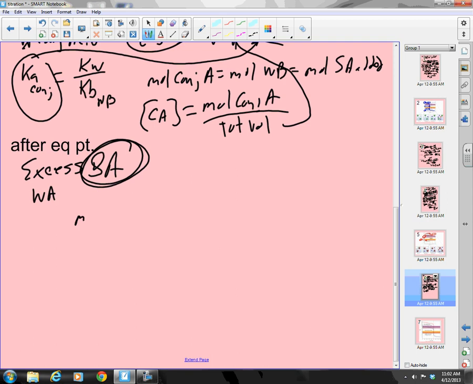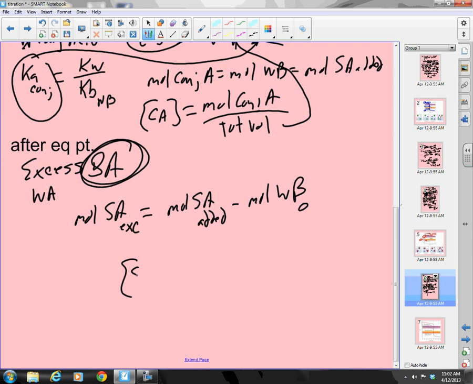We need to have moles of strong acid excess, which is equal to my moles of strong acid added minus moles of weak base that we started with, original, and then I need to get concentration of my strong acid excess, which is equal to what?